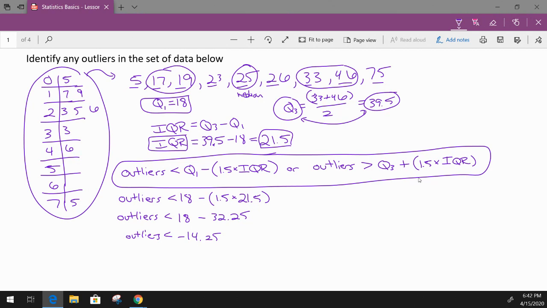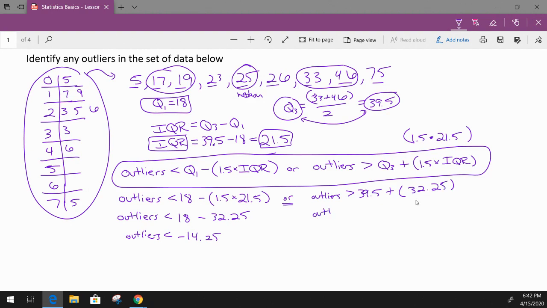But now we're going to check the right side, because an outlier is anything that's greater than Q3, which is 39.5, plus 1.5 times the interquartile range, times 21.5, like we said earlier. If I multiply that out, I get 32.25.